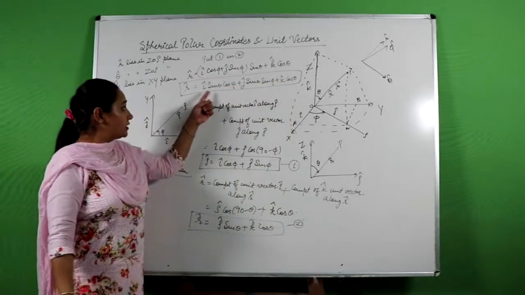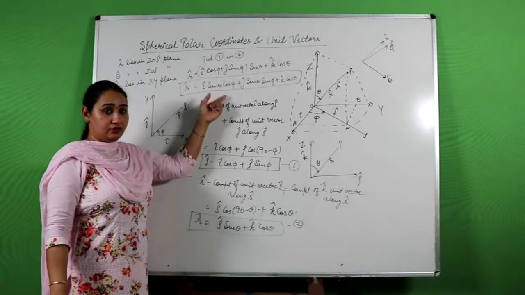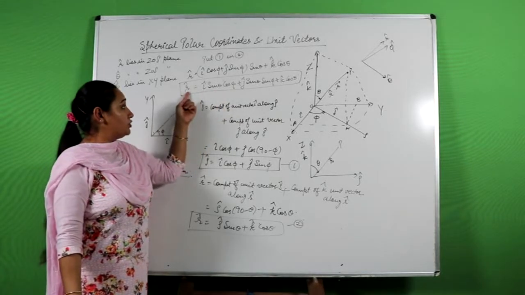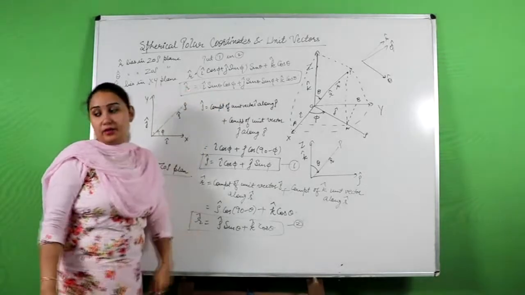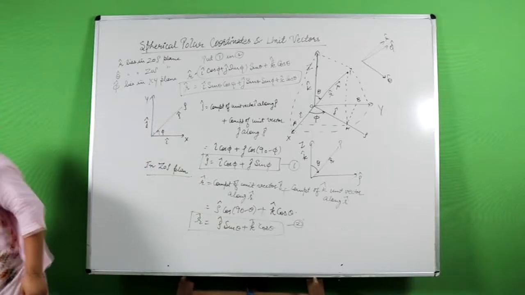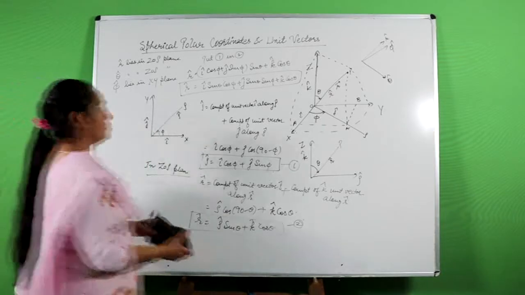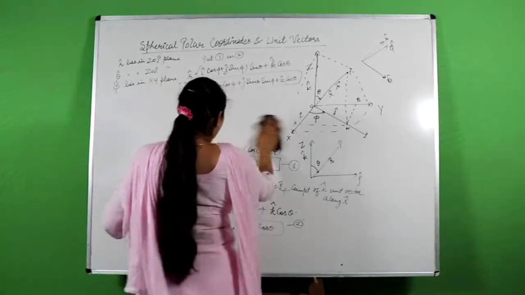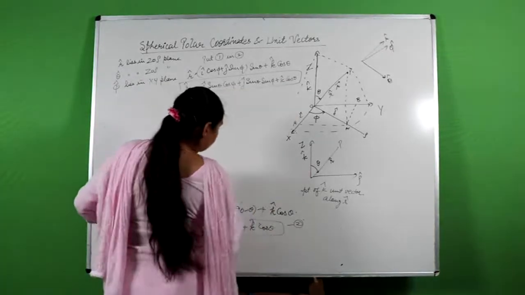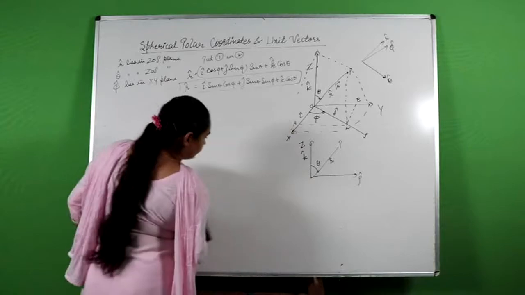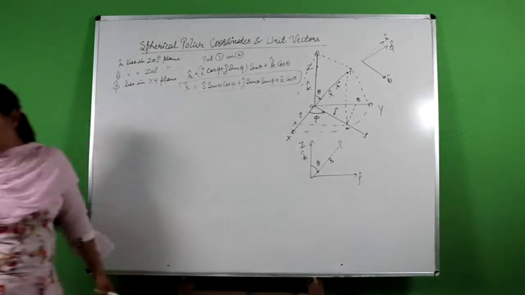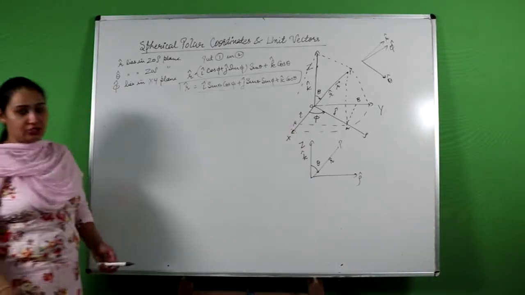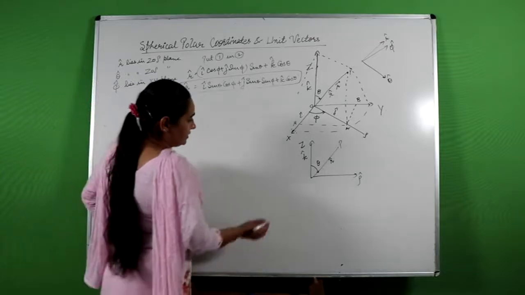So this is what I was about to find: what was the value of unit vector r cap? Now similarly we can move on to the theta cap value. I know that my theta cap will increase in the direction of increasing theta.